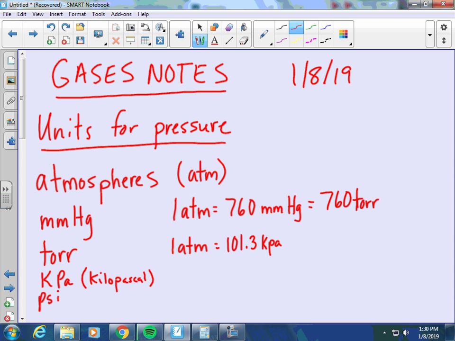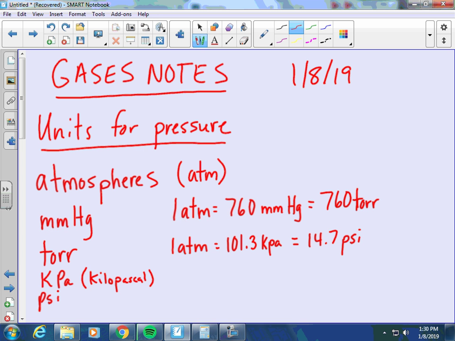And 1 atmosphere is also equal to 14.7 psi. Okay? So those are how they relate to one another. I can say 1 atmosphere is equal to 14.7 psi. I can say 1 atmosphere is equal to 760 torr.